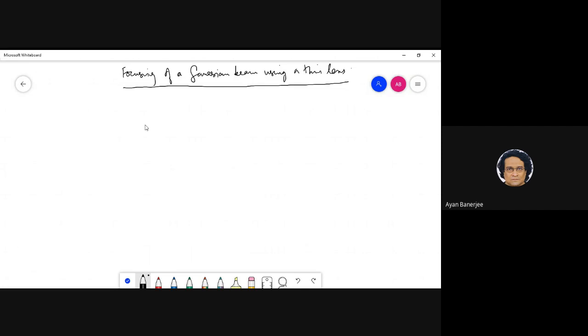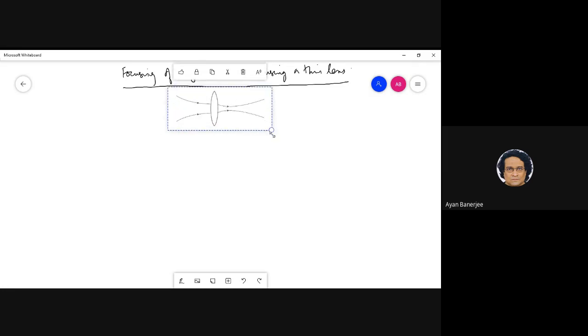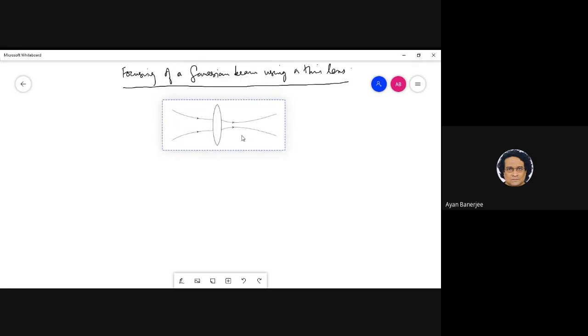So what we are talking about essentially is, let me just use the figure. Yeah, here it is. So basically, this is what I have. You can appreciate that this is the Gaussian beam.